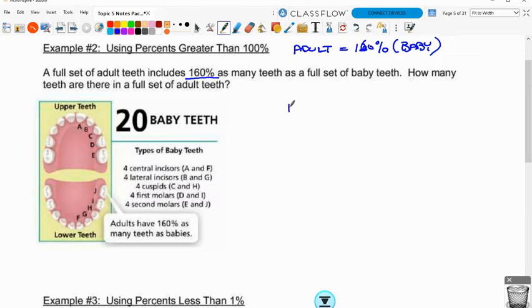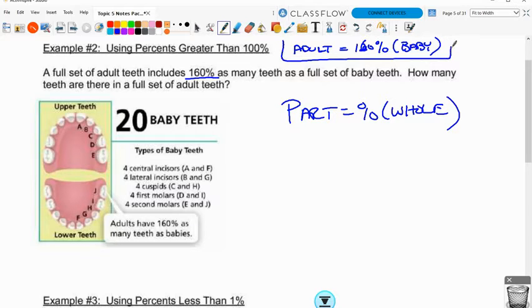So we're going to start by writing part equals a percentage of the whole. And we have pretty much already set up the problem up above. The adult teeth is going to represent the part that we are looking for. That's the unknown that we need to figure out.